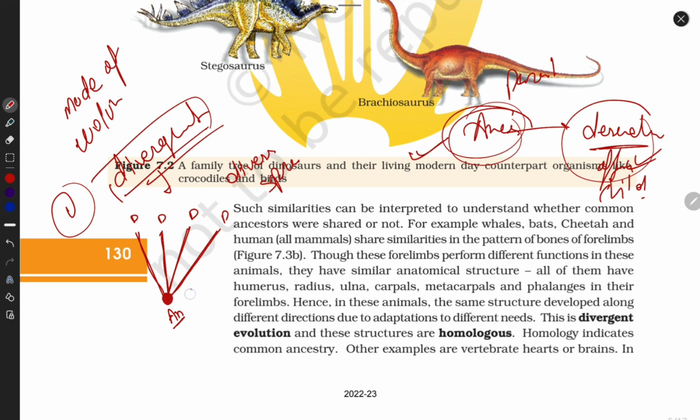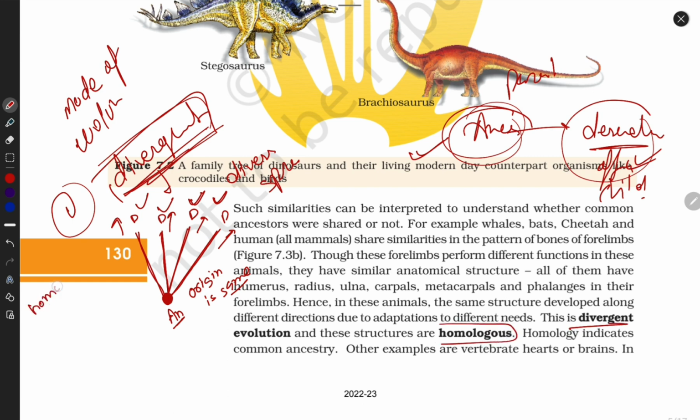So the origin is the same, but throughout the evolution they go in different directions. This kind of evolution we call divergent, and the best example of divergent evolution is what?